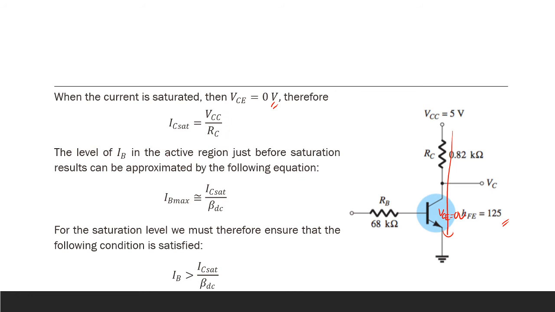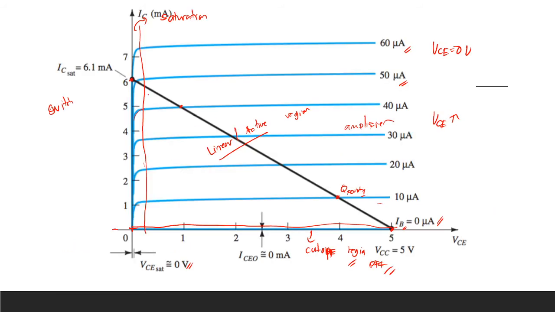Now, the level of IB in the active region just before saturation occurs can be approximated by this equation. So, kumbaga, ang gagawin natin, from the active region, yung point na to, let's try to find the IB at this point. Yung bago siya lumipat sa saturation, kunin natin yung IB niya. And paano natin siya makukuha?